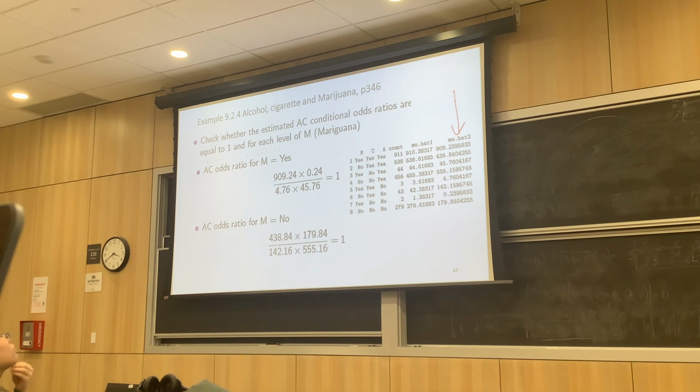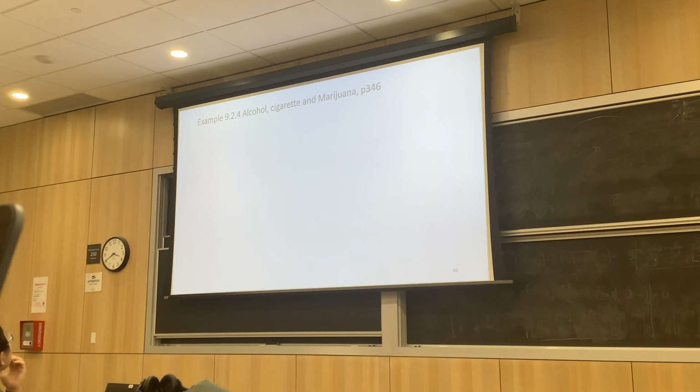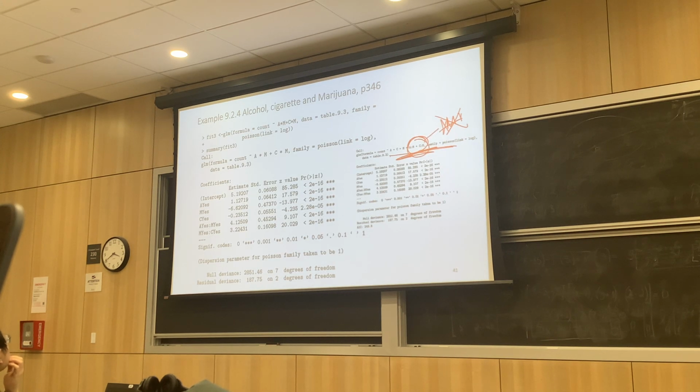That is the model in which, what is that model? Model 2. In model 2, this M is repeating. C is there. So that means A and C are independent given marijuana. So that's the model: A and C conditionally independent given marijuana.